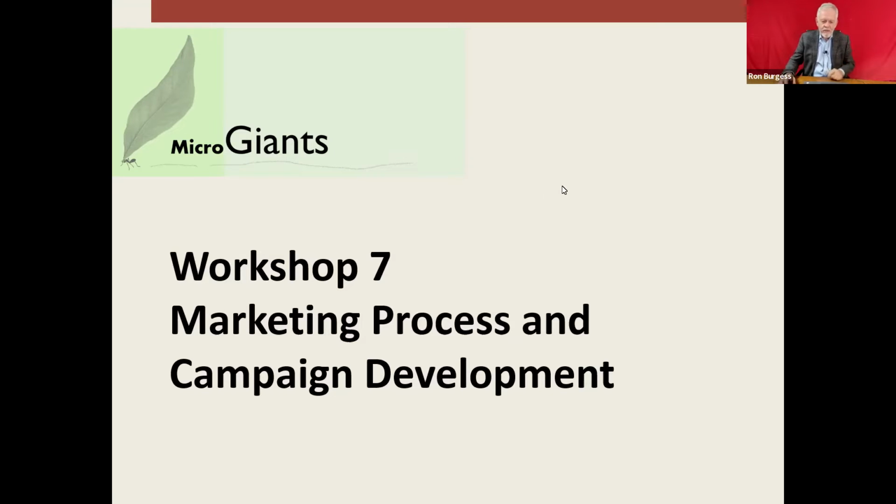I'll just kind of remind some of you a little bit about where we've been. We talked a little bit about the marketing process and what you actually go through when you get to the campaign development. And we've got a couple of videos on that, and you'll be able to go back and refer on the Microgiant YouTube channel and be able to pull that up, and we'll link it to the final screen in the show notes below, so that you'll be able to look at that.